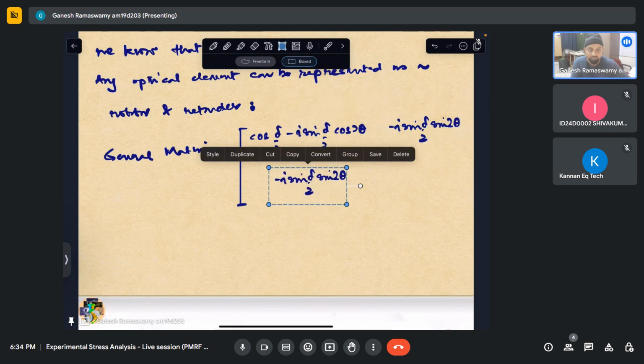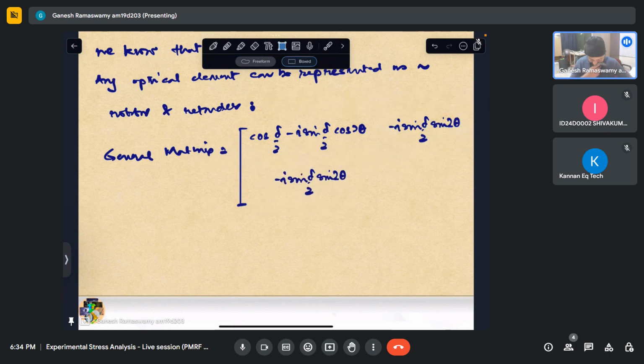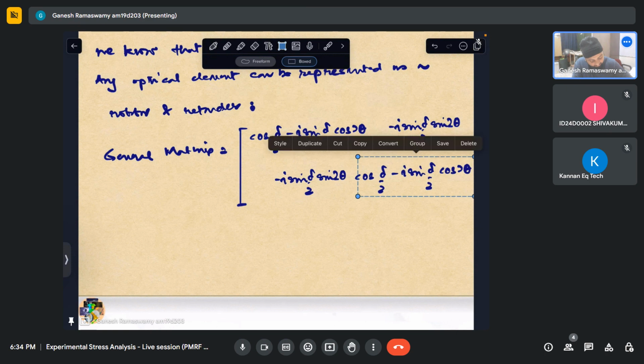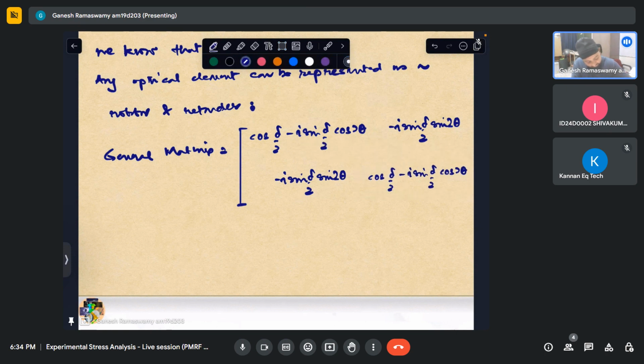The off diagonal elements are the same, and this element of the matrix just has a change of sign here. So this is how we can represent a particular optical element.